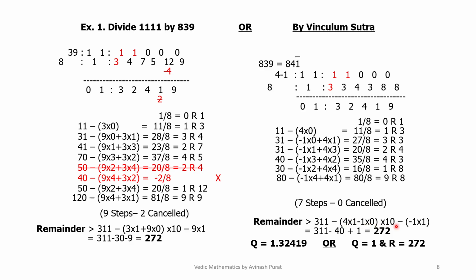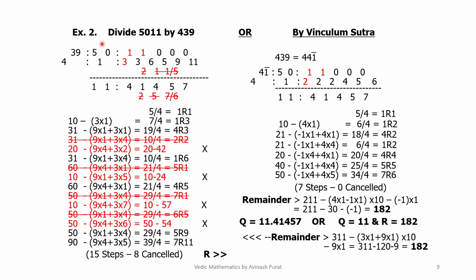So 4 into 10 is 40 and this is minus 1 into 1, that is plus 1. So 311 minus 40 plus 1 that is 272. So the quotient is 1.32419, or Q equal to quotient is 1 and remainder is 272.